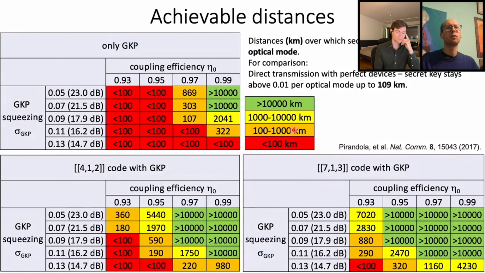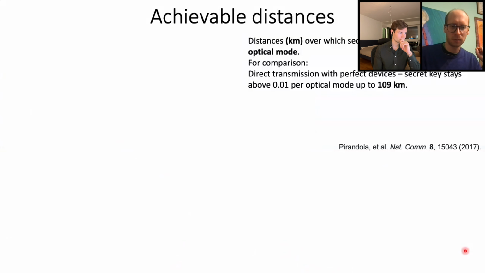Yeah, so this is a quality parameter of the hardware. You can think that the more squeezing in dB, the more energy you need to put into the system. So an infinite amount of squeezing is infeasible, but we hope to get to higher and higher squeezing. It's much easier to describe on the picture.